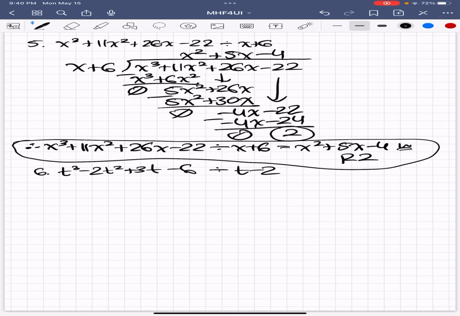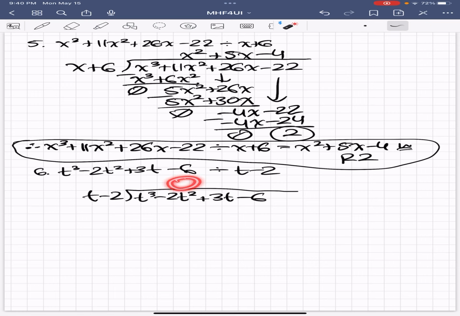t to the power of 3 minus 2t to the power of 2 plus 3t minus 6 divided by t minus 2. What multiplied by t will get you t to the power of 3?